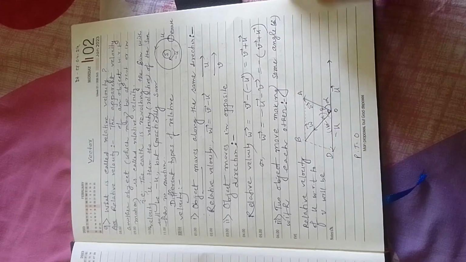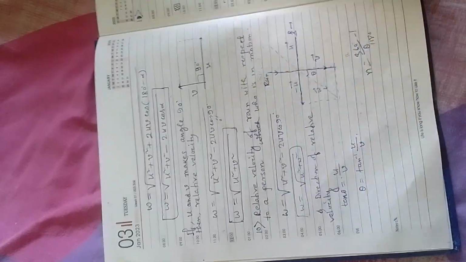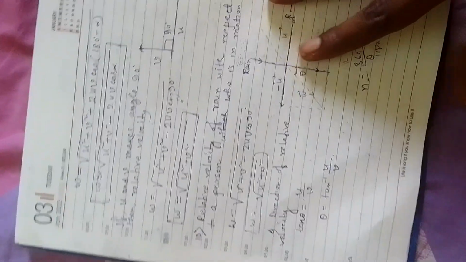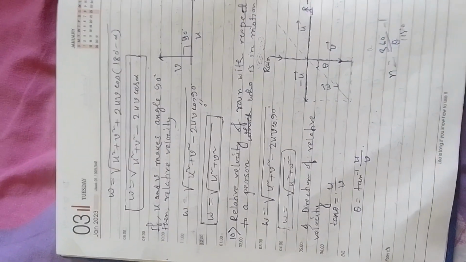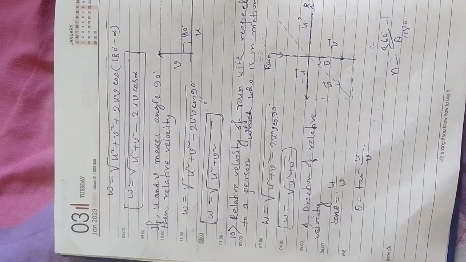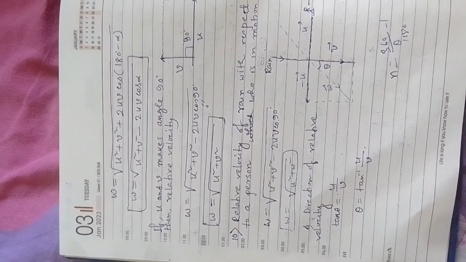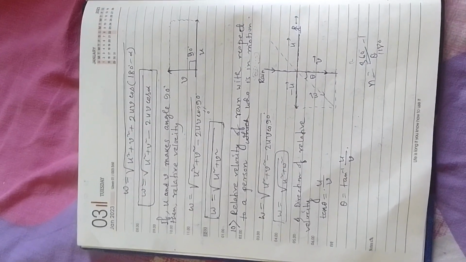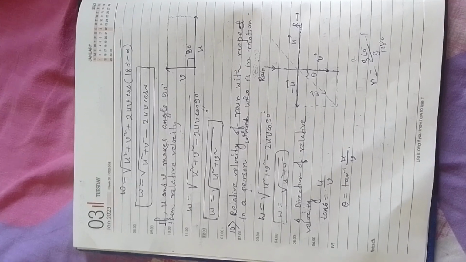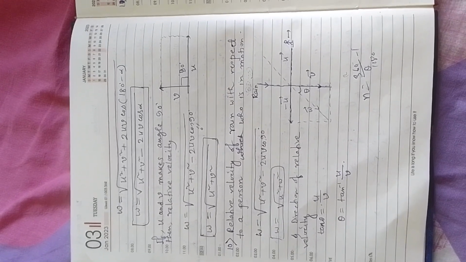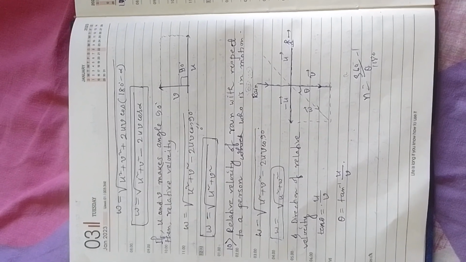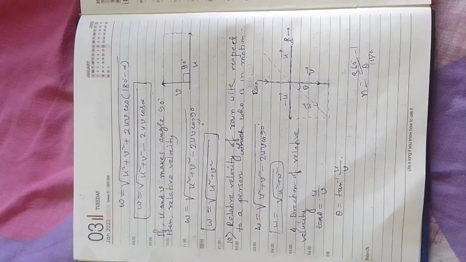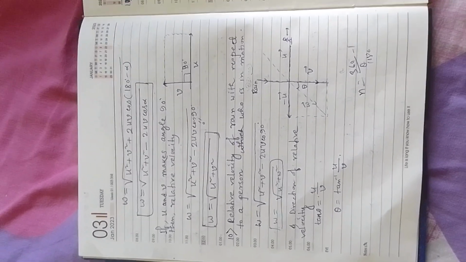Then the relative velocity will be w is equal to root over of u square plus v square minus 2uv cos alpha. If u and v make an angle of 90 degrees, then the relative velocity w will be root over of u square plus v square.